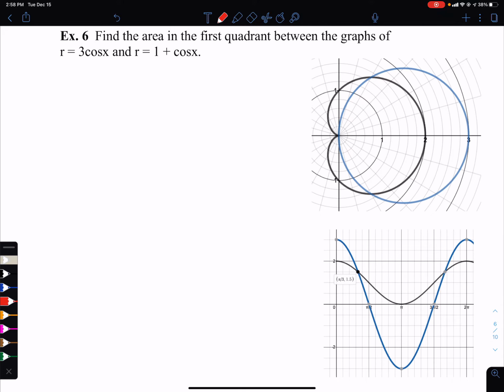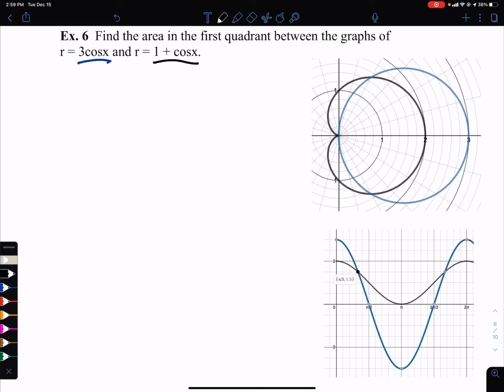Find the area in the first quadrant between the graphs of r equals 3 cosine x and r equals 1 plus cosine x. Well, 3 cosine x is the blue one, and the black one is, no, I got that backwards. Let me think. So the blue one is 3 cos x, and the black one is 1 plus cos x.